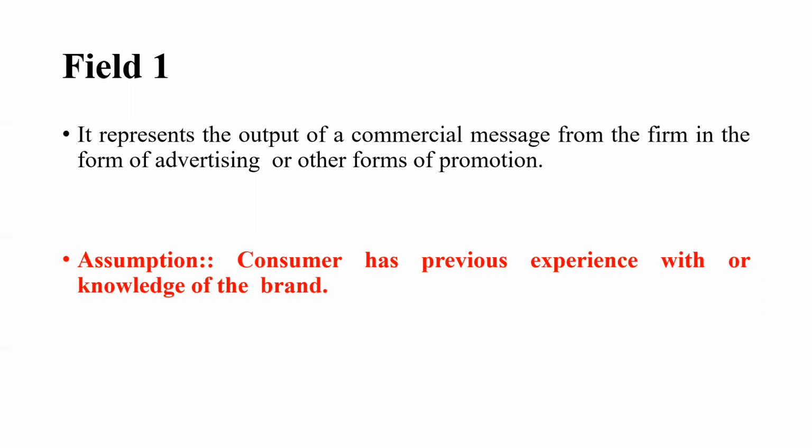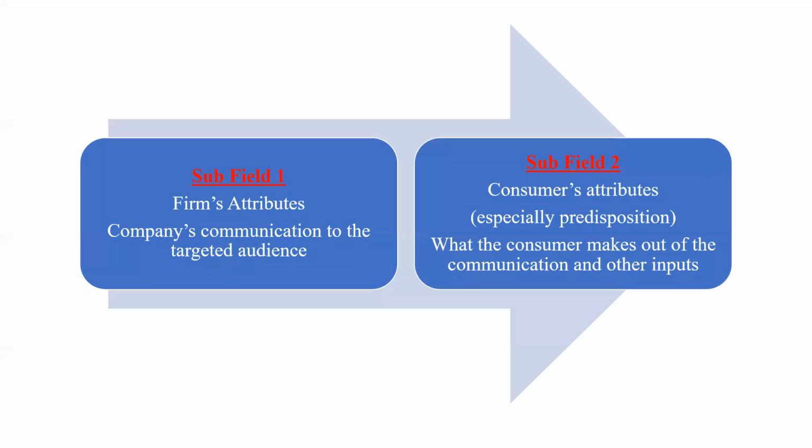So the assumption this model is taking is that the consumer has previous experience or knowledge with the brand. It is considering that the consumer is experienced and has knowledge of the brand and has a prior experience with the brand.